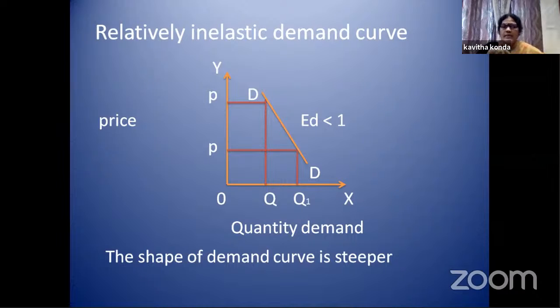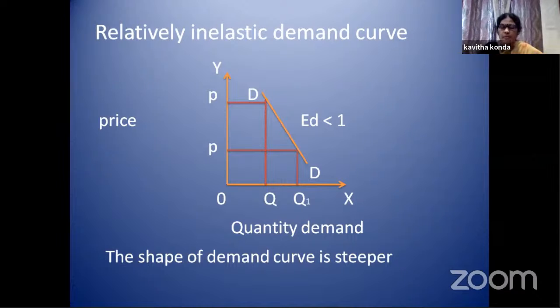The shape of the demand curve will be steeper to the OY axis, which represents that the change in the independent variable will be more and the dependent variable, the quantity demanded, will change less. That's why ED is less than 1.